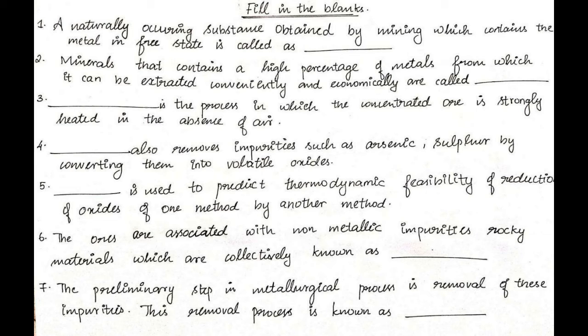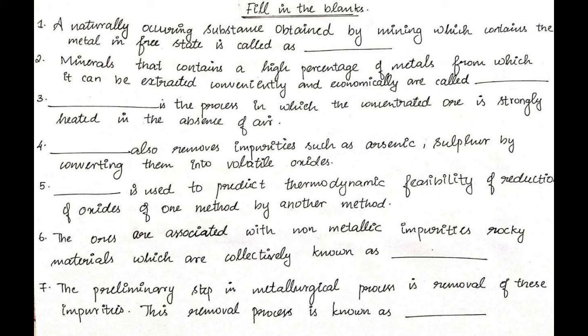Third, dash is the process in which the concentrated ore is strongly heated in the absence of air. Fourth, dash also removes impurities such as arsenic, sulfur by converting them into volatile oxides. Fifth, dash is used to predict thermodynamic feasibility of reduction of oxides of one metal by another metal.